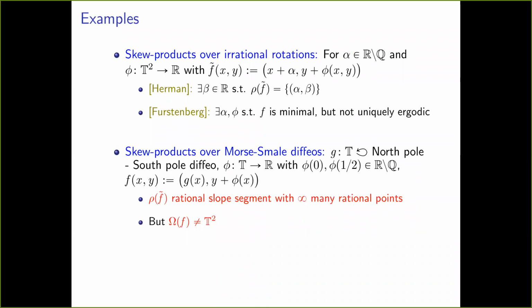In dimension 2, it's not that easy to extract dynamical information from the rotation set, because here you have infinitely many rational points in the rotation set, even though you can produce examples with no periodic points, because if you take irrational numbers over 0 and over 1/2, you will have something which is periodic point free. But in this case, you have wandering points. And in fact, this is something that you cannot avoid, and I will explain this better in a few slides, in the future.